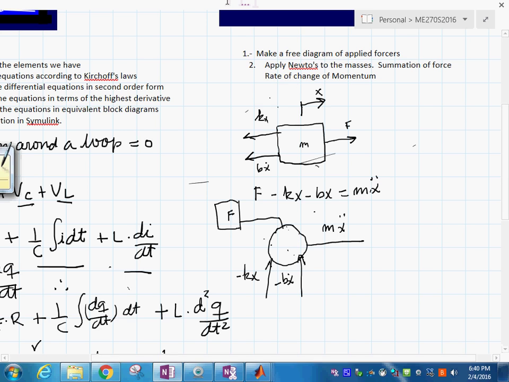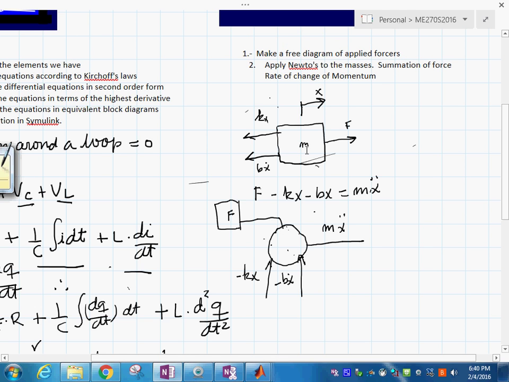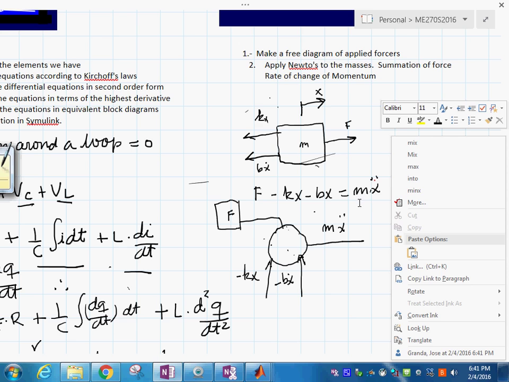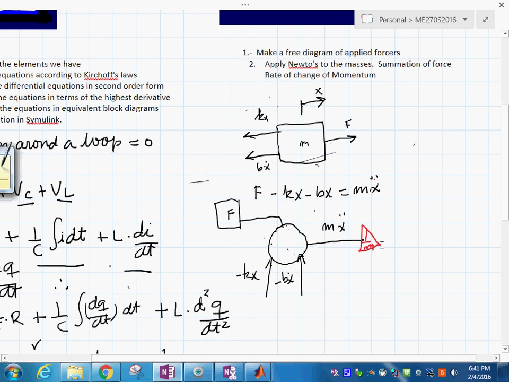Right now, all I'm trying to do is get you to relate the way we transform the differential equation into the graphical form, with the 1 over m, and here with b x dot, x double dot.